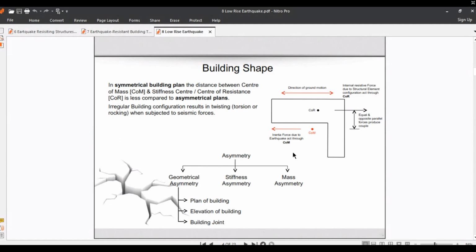As you can see in these schematic shapes in this slide, you can see the asymmetrical plans with COM, center of mass, and COR, center of resistance, as shown in these shapes.